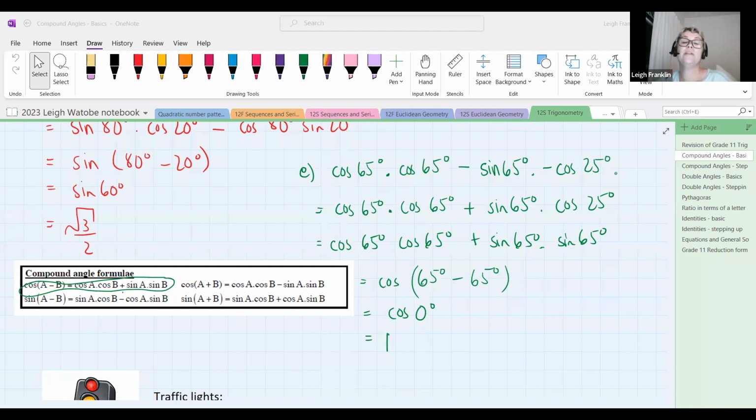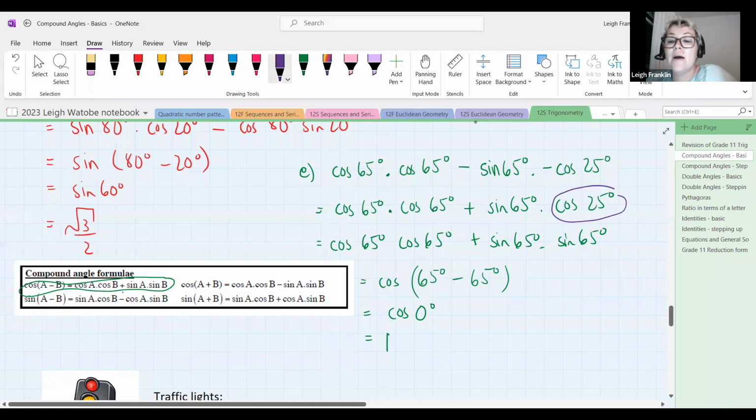You mean, instead of changing this cos over here to sine 65, are you suggesting that we change one of these, either this one here or that one there, to sine 25? Yes, ma'am.